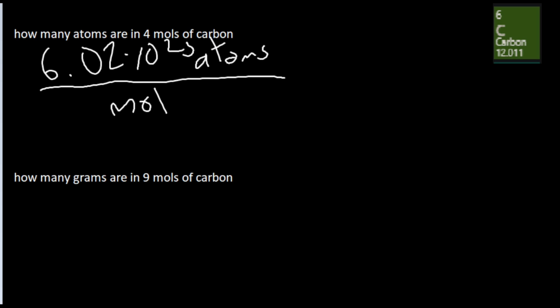If you want to think about it a different way, you need this many for only one of these, right? So now we need to see how many we'd have if we had 4. So times 4 moles of carbon, and these are all carbon.